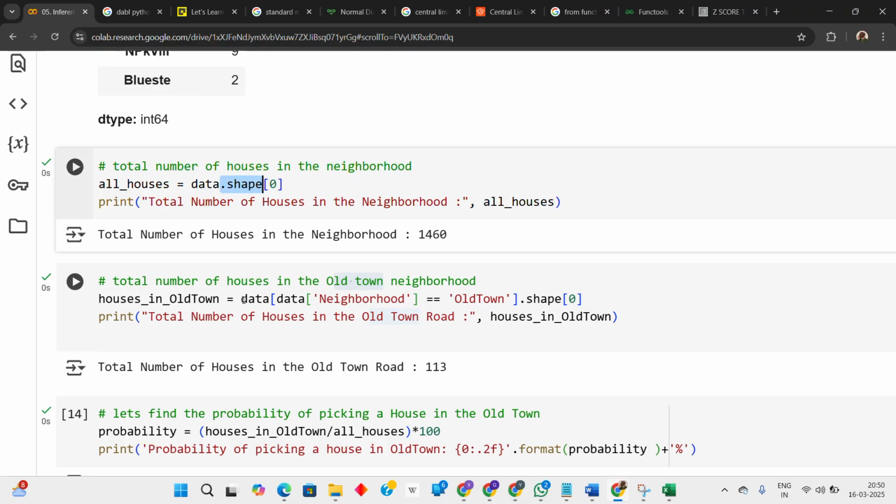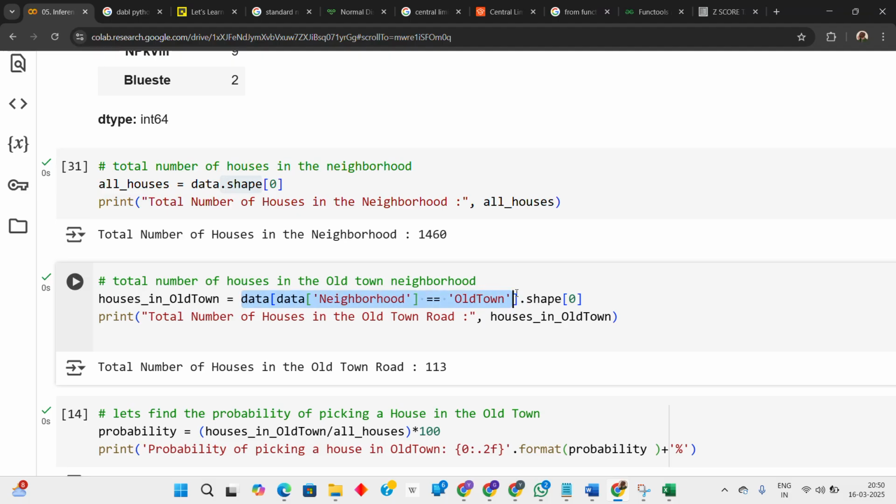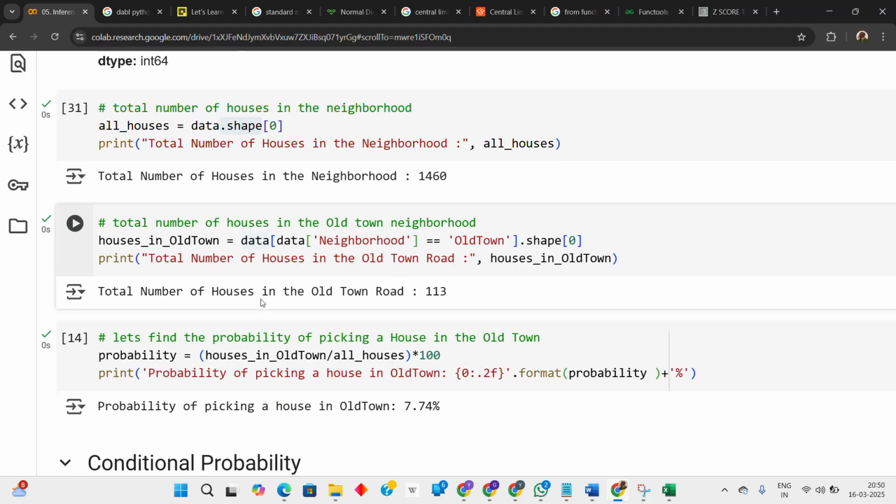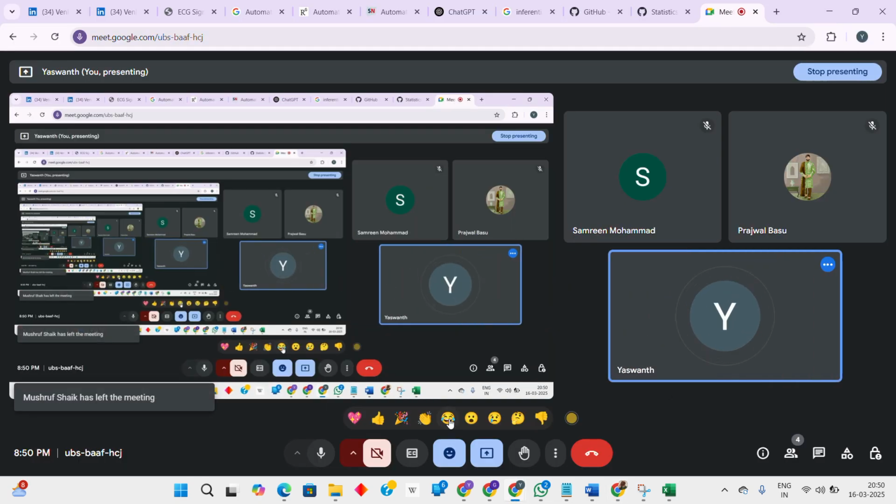So if I can get the values out of this and then do the shape and get the rows information, that is the number of houses in, especially, the Old Town neighborhood. So this is the approach. Got it? Is it clear, Mushraf? How the approach actually works in real time? Oh, Mushraf left. Okay, no problem.